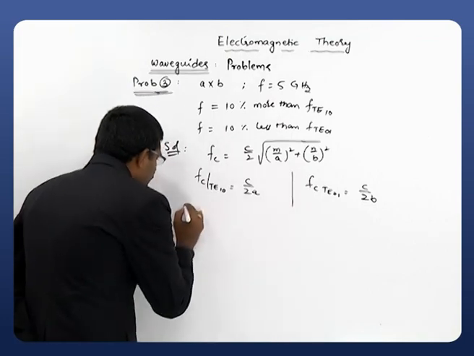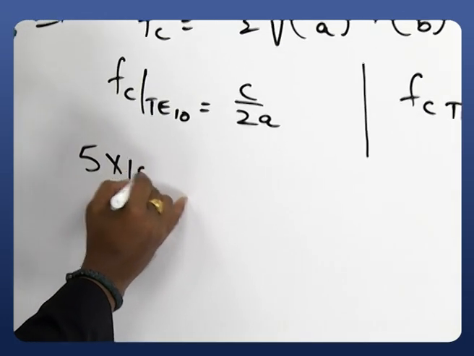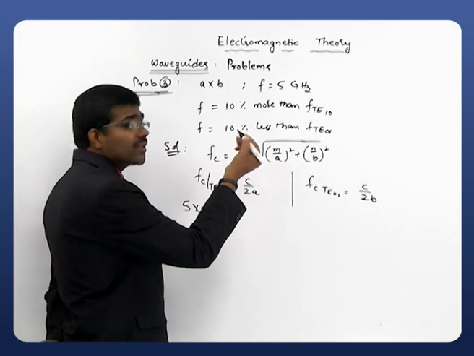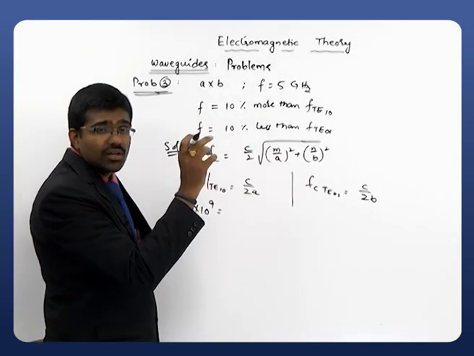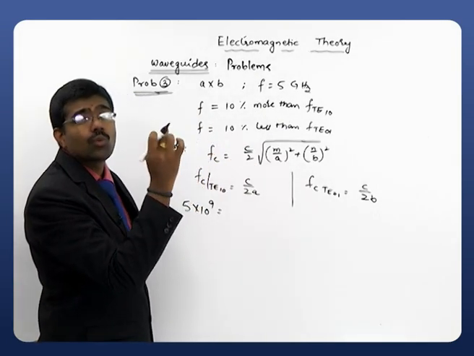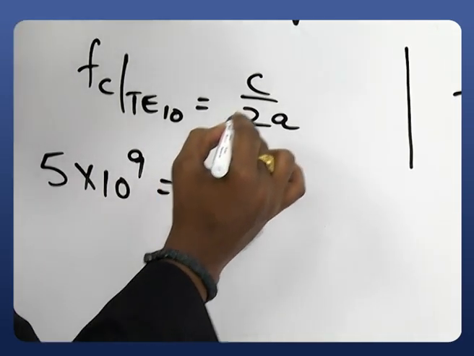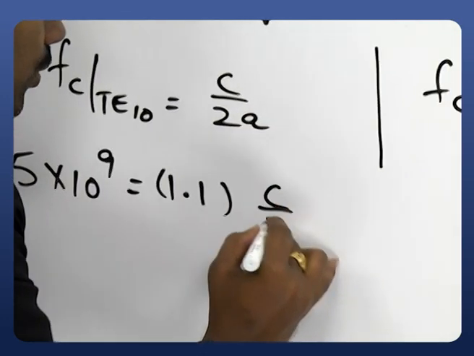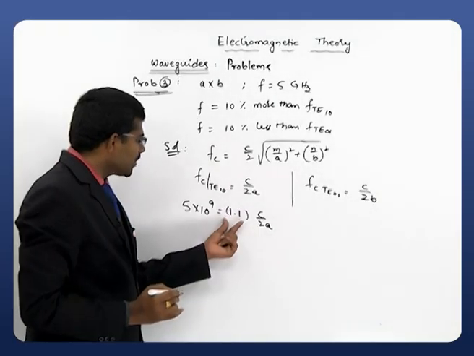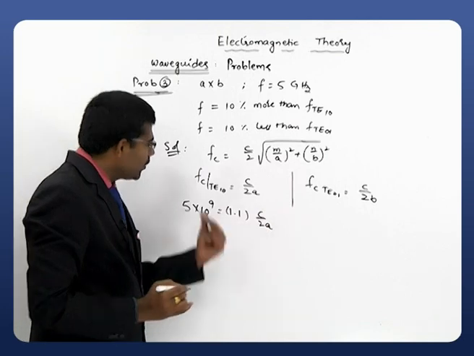So here it is our 5 GHz, 5 into 10^9, which is 10% more. 10% more means if you are taking 100 as the cutoff, 10% more means 1.1. So it is 1.1 times our c by 2a.